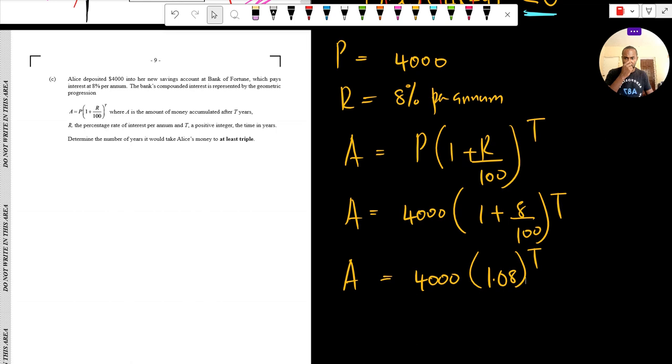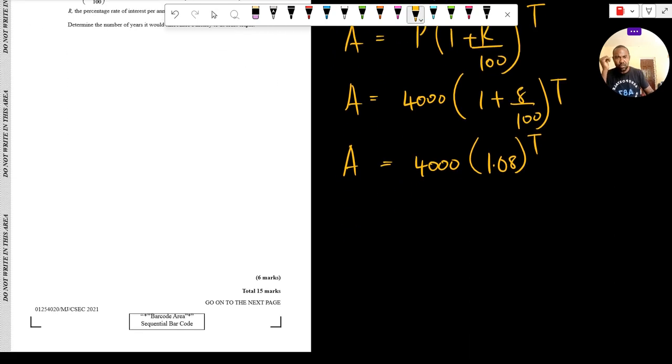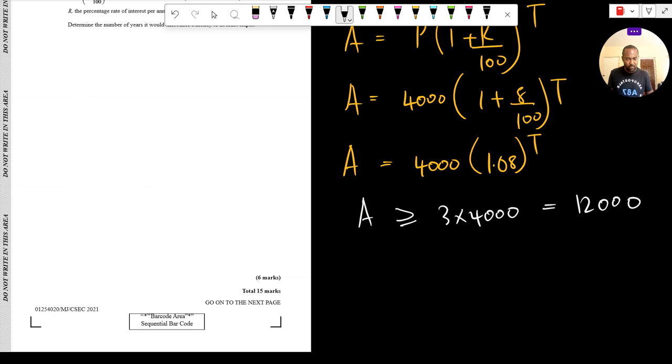Now, let's go back to the question. The question says, determine the number of years it would take Alice's money to at least triple. So at least triple means that our accrued amount, A, must be greater than or equal to 3 times 4,000, because 4,000 is the initial deposit as a principal. And so basically, it means that A must be greater than or equal to 12,000.